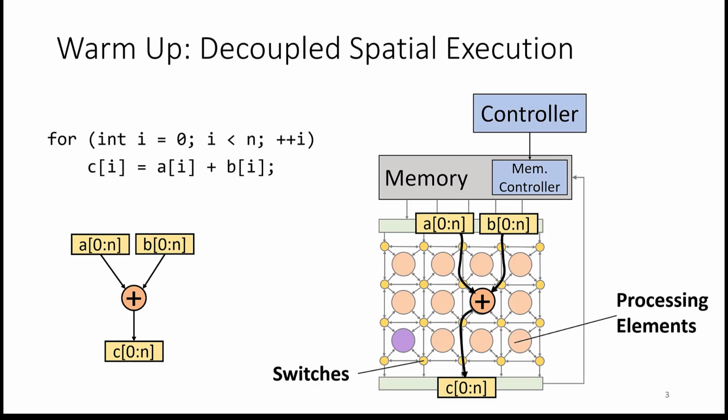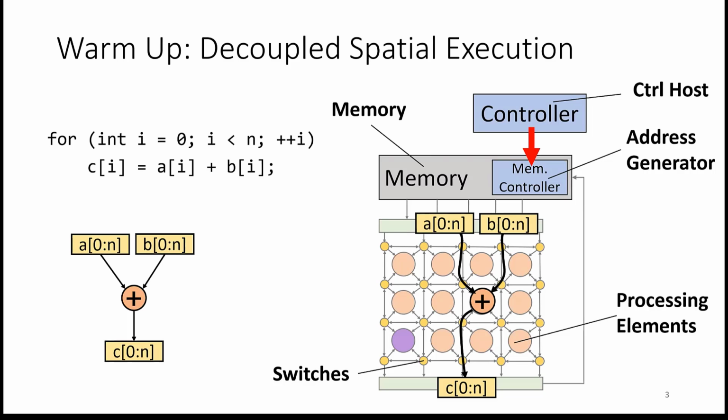And then, the data accesses are encoded in hardware intrinsics issued from the control host to the address generator. Then the address generator sends the memory request to the memory. Then the data flows through this graph to execute. Sometimes we want proper timing of data arrival; in this case, we want the two operands to arrive at the same time.